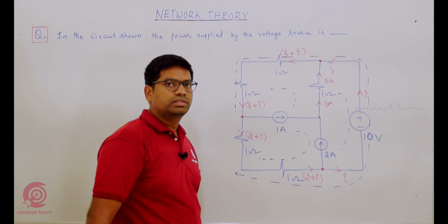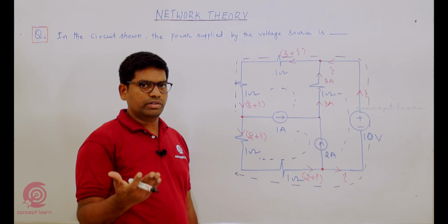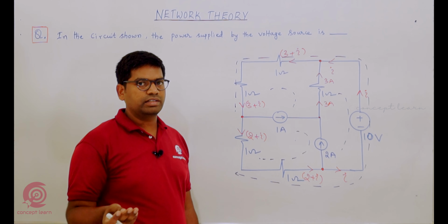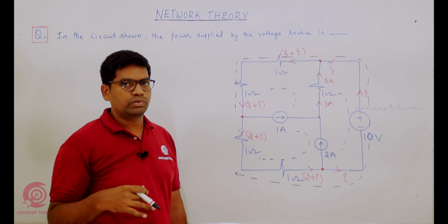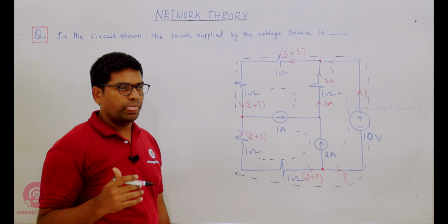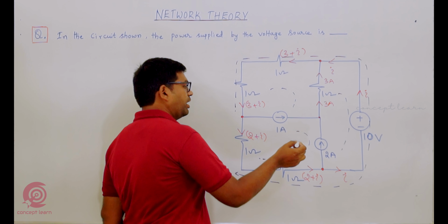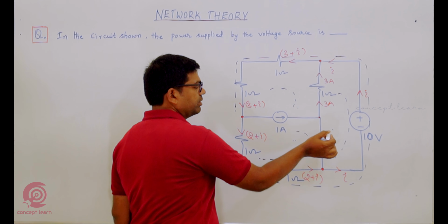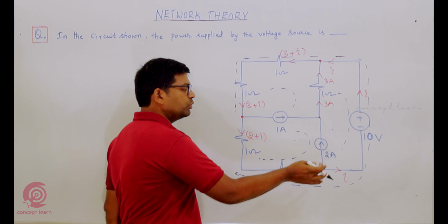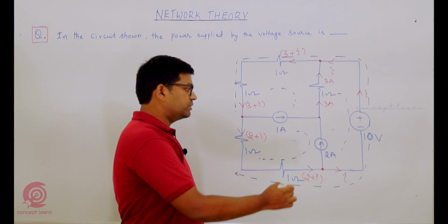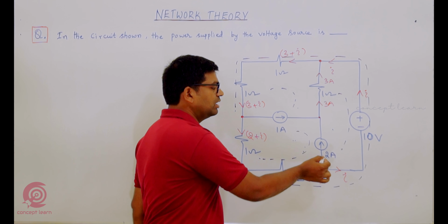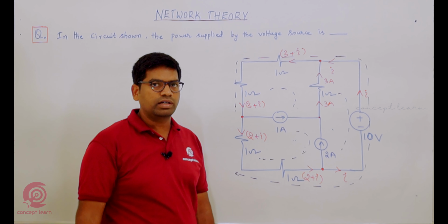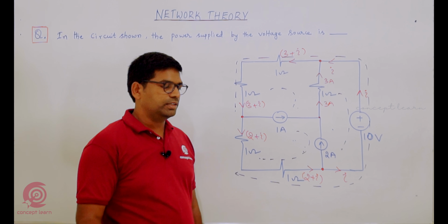But what is the difficulty when you choose the inner loops? KVL can be applied to any kind of loop, right? Kirchhoff's voltage law says the algebraic sum of voltages in a closed path is 0. But what is the difficulty if I apply KVL for these 3 loops? Because here we have a current source. If I select these 2 loops, the current source is present in between them, which forms a supermesh condition.